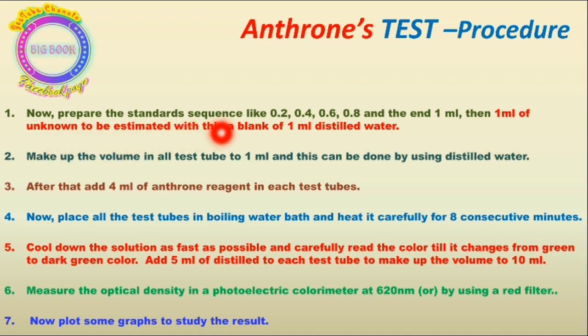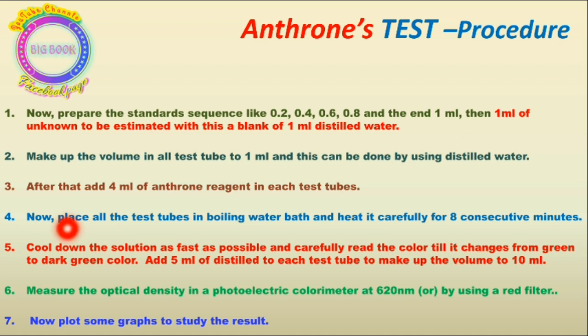The blank of 1 ml distilled water will be the first test tube, and the unknown will be the last test tube after the 1 ml standard. In between, the samples measured are the working standards.